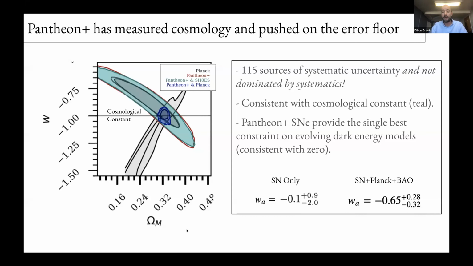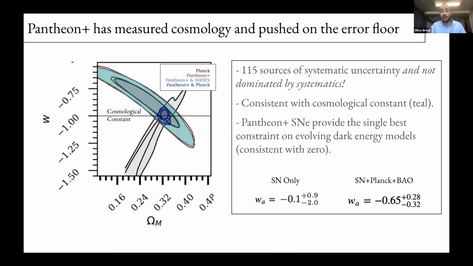We've now analyzed over 100 different sources of systematic uncertainty, and we are not dominated by systematics. Our contour, the teal contour, is consistent with a cosmological constant, especially so when you combine with something like Planck, keeping in mind that this analysis I'm showing here is the uncalibrated supernovae.